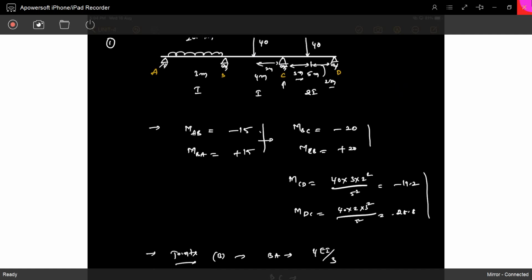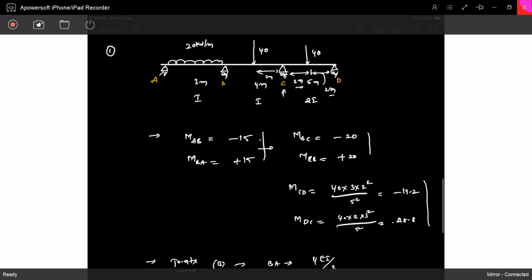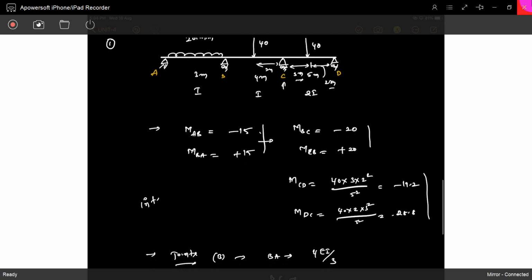One thing you have to maintain. Once again, I will write this: an intermediate joint has no fixity, and every intermediate joint allows rotation. So no need to write a hinge. An intermediate joint behaves like a rigid joint.